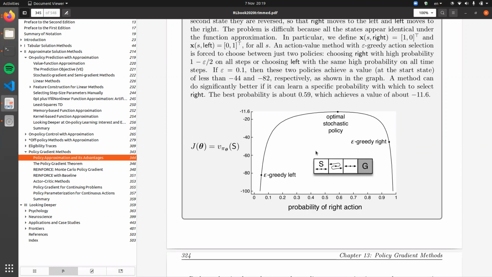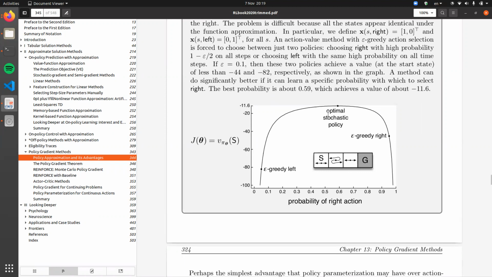The optimal strategy here would be something in between, with just a slight preference towards moving right. By adopting that strategy, we can get a much higher score.